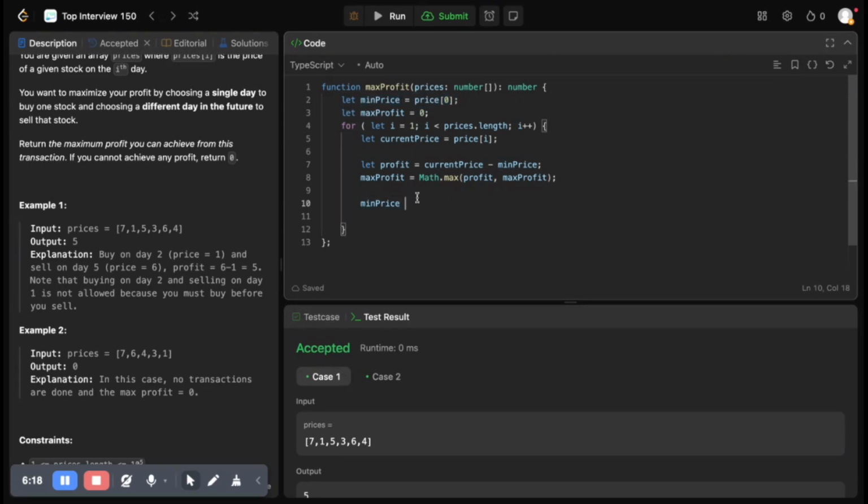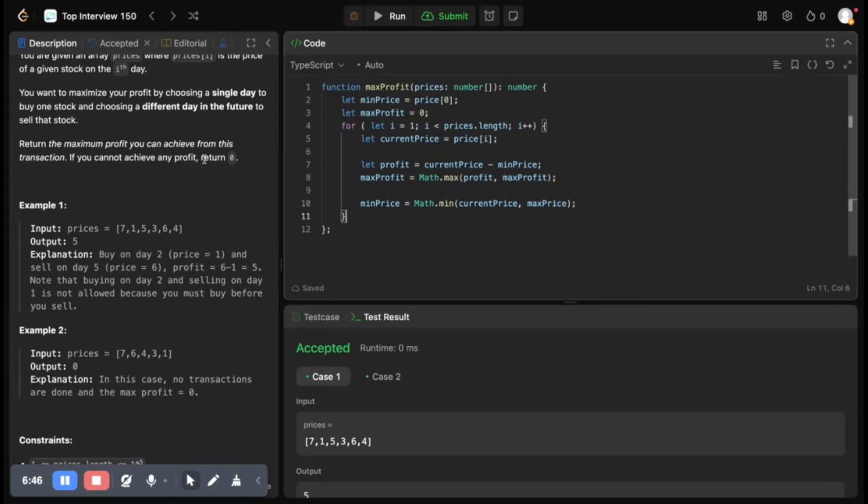So we use Math.min to store the minimum price. So the minimum price will now be the minimum between current price and the minimum price. Now we've updated the value of both minimum price and maximum profit.